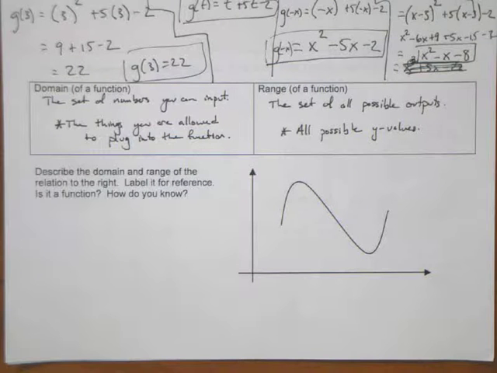Okay. So for example, I have no idea what the equation of this relation is, but I can determine if it actually is a function or not. And I can determine what could be plugged in and what could come out. So for example, I'll try to use some colors here.